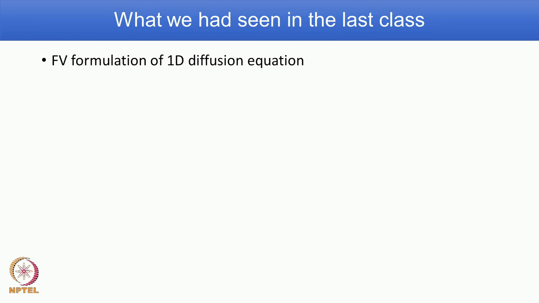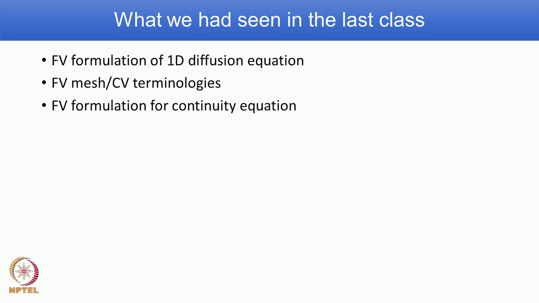Last class we had seen finite volume formulation for 1D diffusion equation in detail. We understood the terminologies used in finite volume mesh, control volume arrangement, and how to identify distance between node and node, distance between node and control surface. Then we explained in detail the diffusion equation.